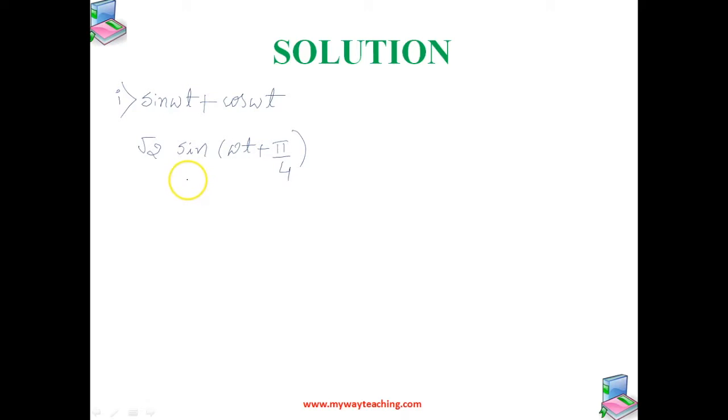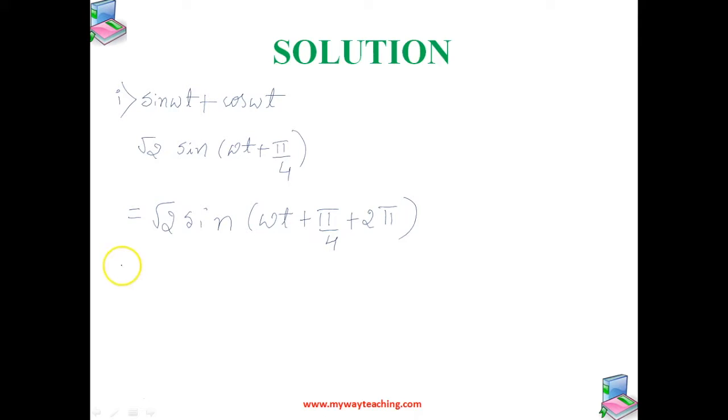Now we can write it as square root of 2 sine omega t plus pi by 4 plus 2 pi, isn't it?